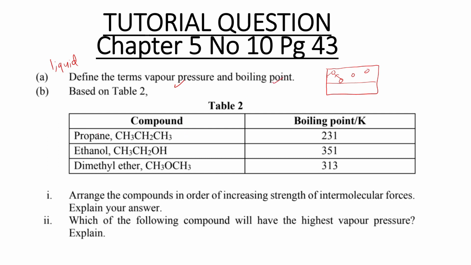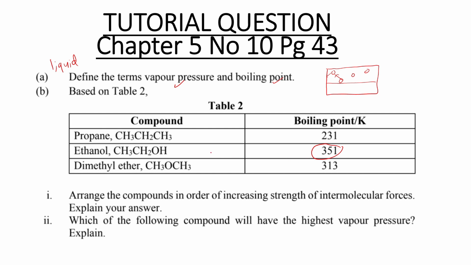Okay, number B. Okay, we have table 2, compound propane, ethanol, alcohol. Ini dimethyl ether. So we've given juga dia punya boiling point respectively. So sini kita tengok yang highest boiling point 351 Kelvin. Lowest propane 231.